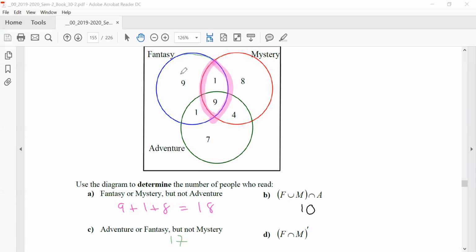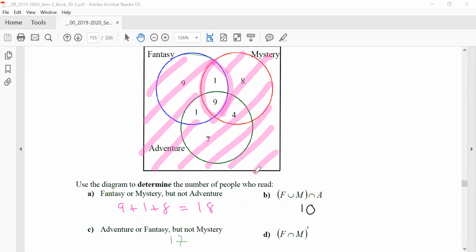And I say not F and M. Well, guess what? It's going to be everything on the outside of that, right there. And a lot of numbers to add up here, unfortunately. Let's see if we got this to finish this one off. 9 plus 1 plus 7 plus 4 plus 8, 10, 21. Sounds like 29 students.